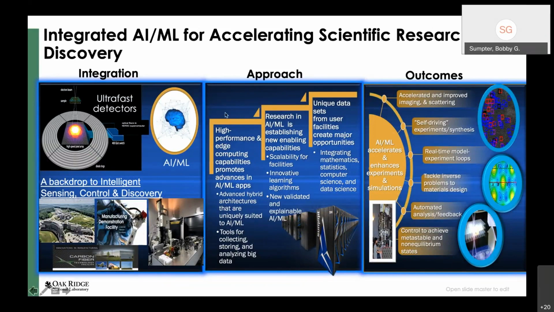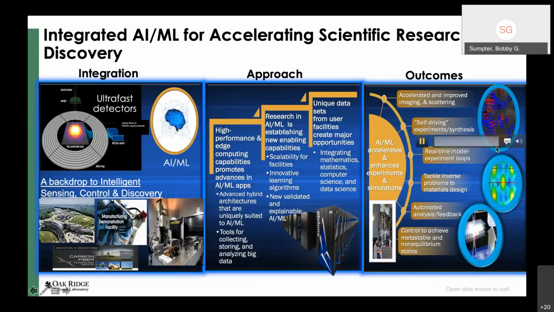Using this approach of integrated theory, modeling, and simulation with these data analytics and machine learning tools, as applied to high performance computing, we're able to actually take that information on the fly and utilize it to not only accelerate and improve our imaging, as I showed already, but to start self-driving feedback and say, here's a region I really want to have a tungsten atom sitting, make it so.